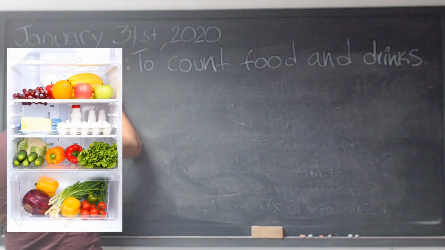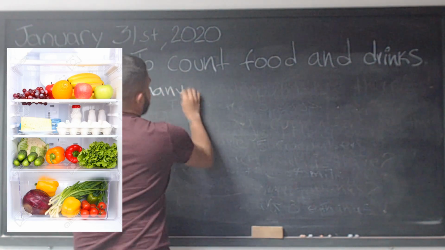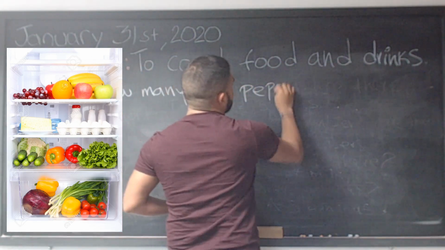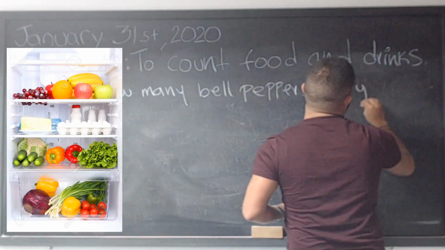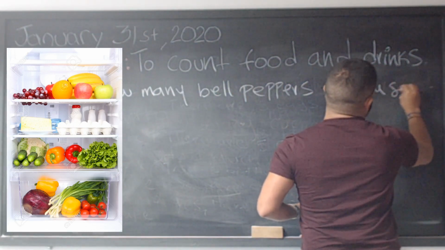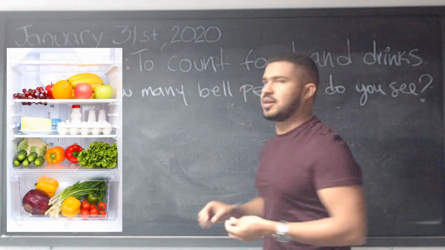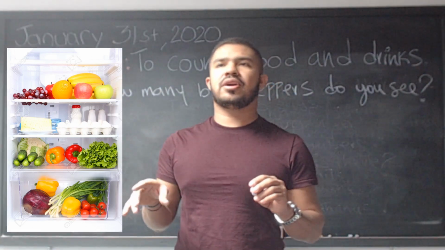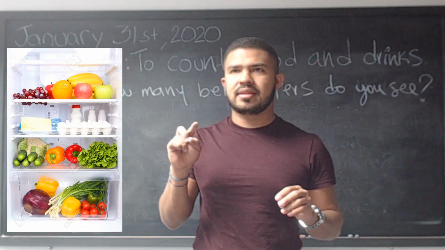How many bell peppers do you see? Bell peppers are like the red ones and the yellow ones.